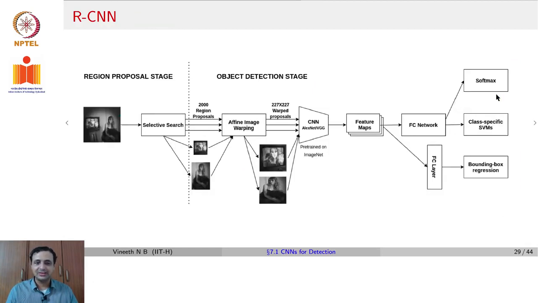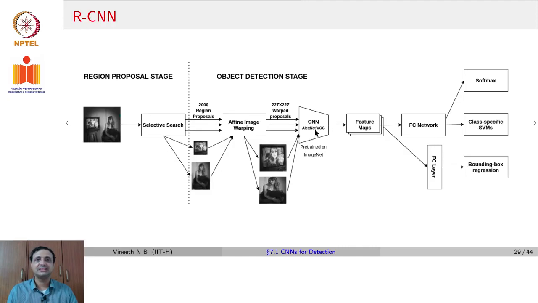Now, how do we use these regions? Once you get these region proposals, this particular method selects 2000 such region proposals. By combining and coalescing different subregions, you get somewhere around 2000 region proposals. Each of these region proposals is warped to the same size. Why do we need that? Because we're going to give that as input to the CNN.